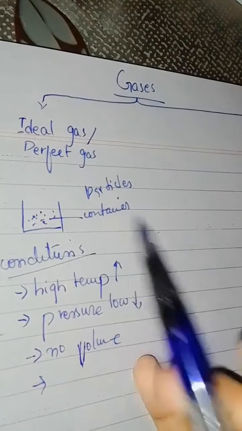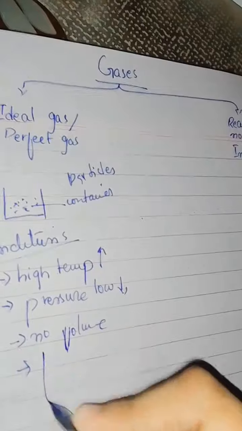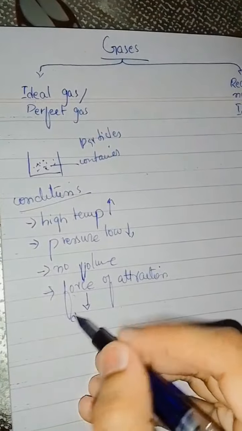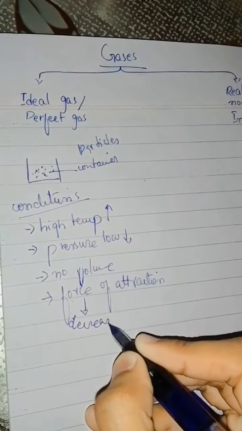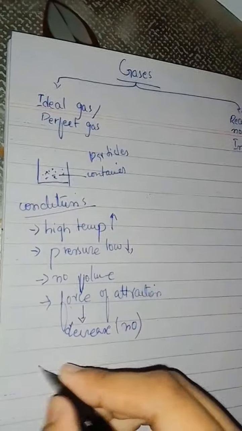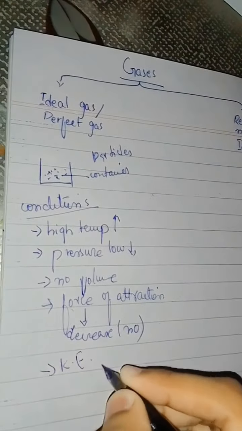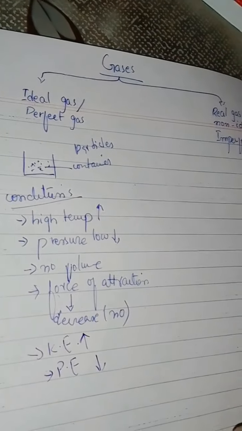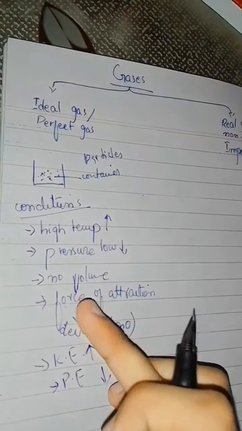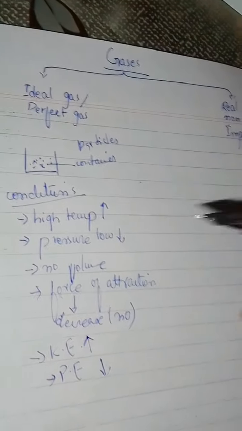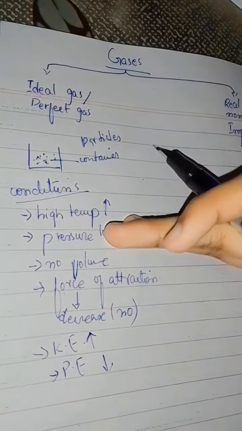When they move apart, there will be no force of attraction, or it will decrease. As we have given high temperature, the kinetic energy will be high, and obviously when kinetic energy is high, the potential energy will be low, and it will not have a volume. So to make an ideal gas, we give high temperature and low pressure.